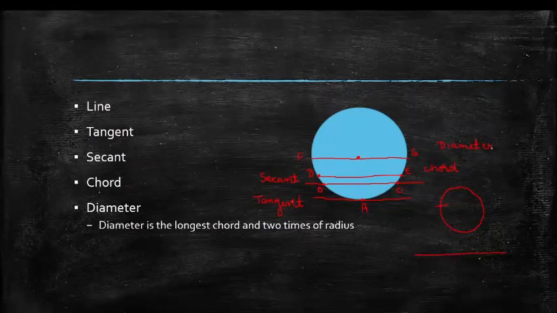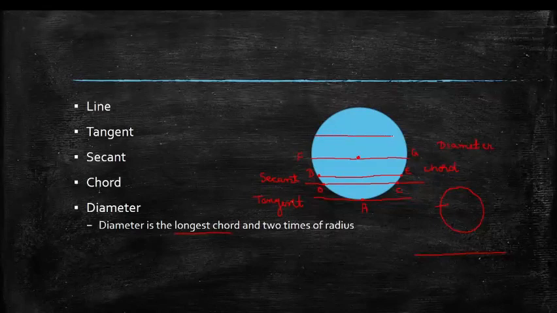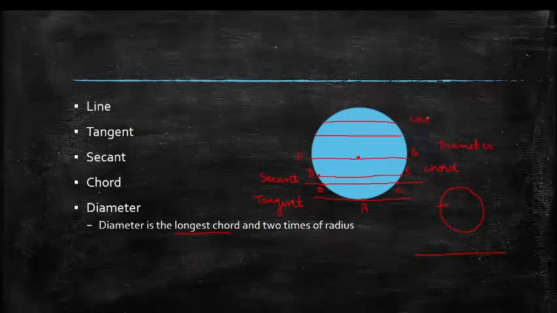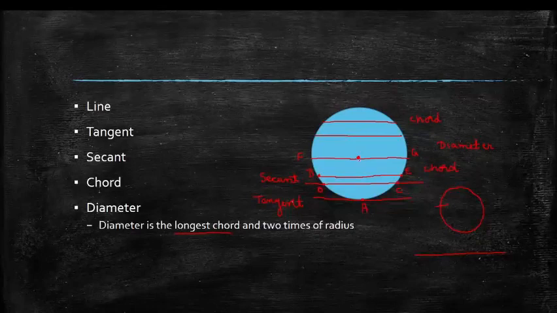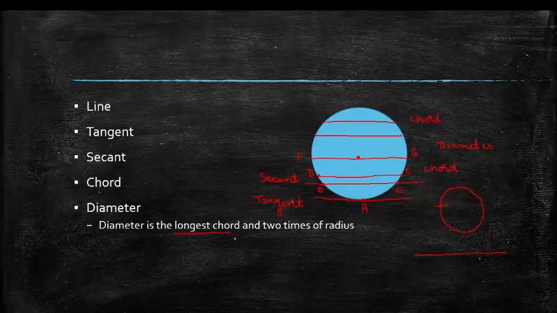So we can say that the diameter is the largest chord, right? Because now if you move it a little bit upward, the size starts reducing again, so it has become a chord again. But as soon as the chord was passing through the center, it was called a diameter. So a diameter can be said to be a chord, but a chord cannot be said to be a diameter.